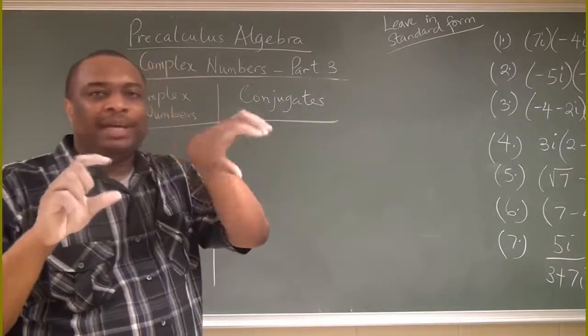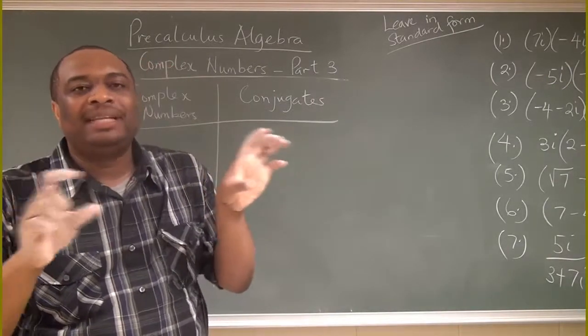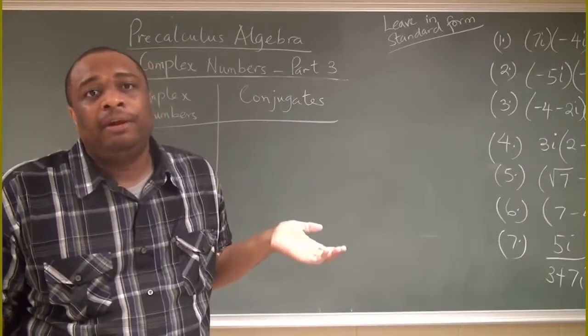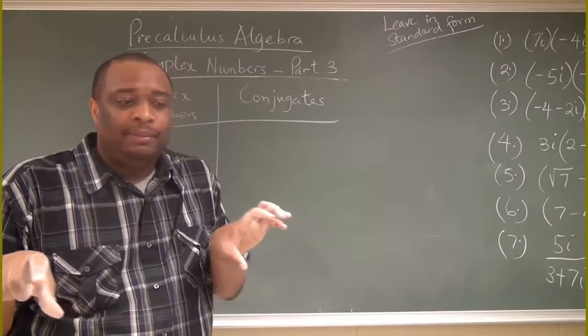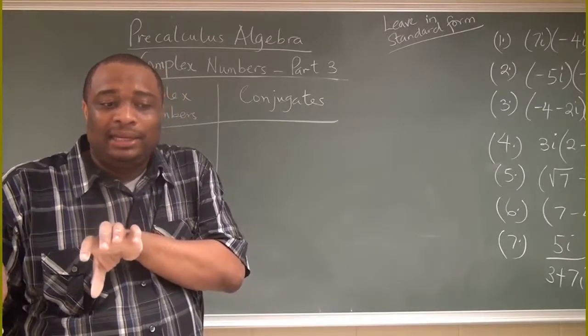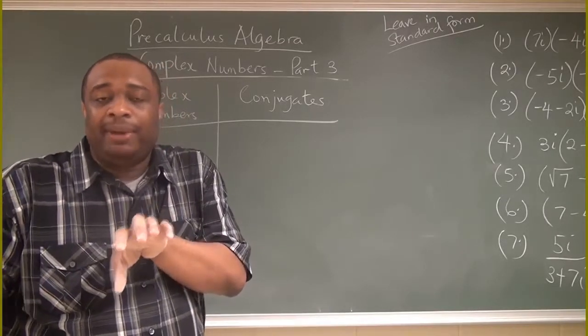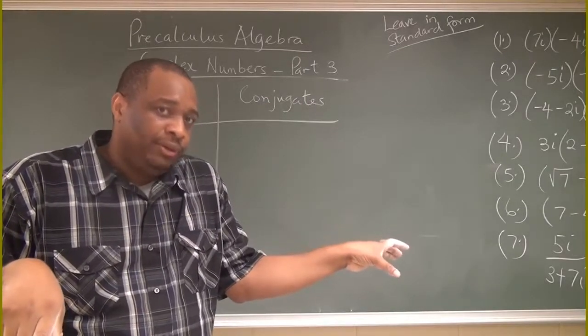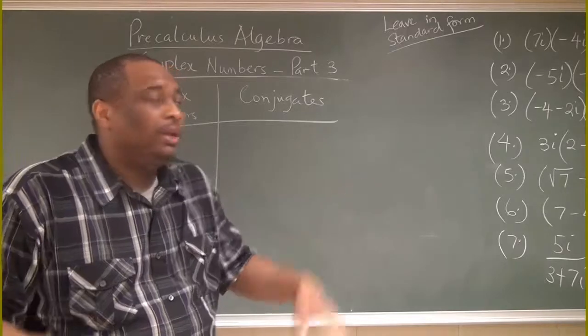Their pure imaginary parts differ in sign. So you can also say that the conjugate of a complex number is that complex number whose pure imaginary part differs in sign with the pure imaginary part of the original complex number. You can also say that.